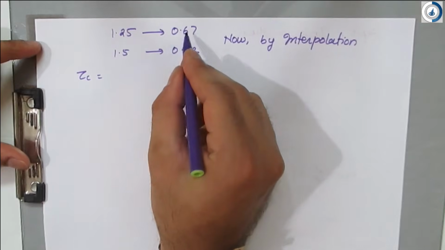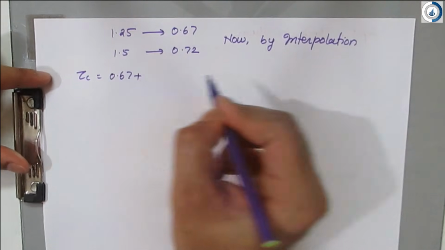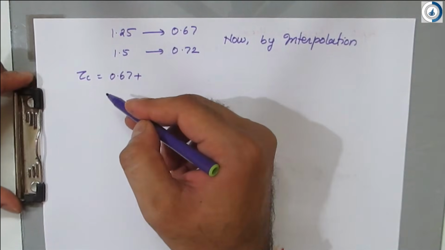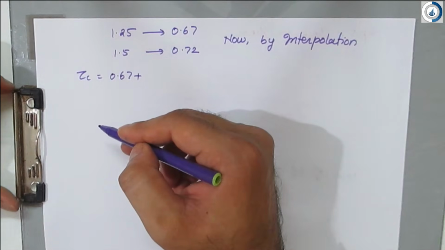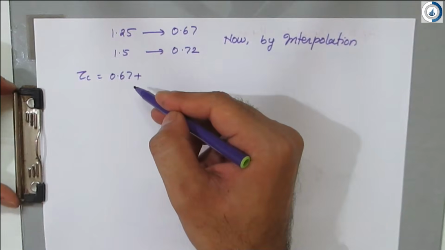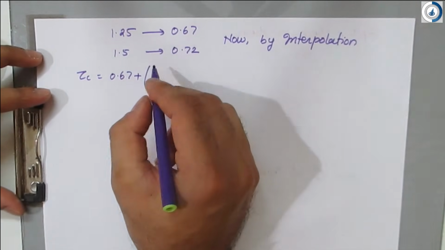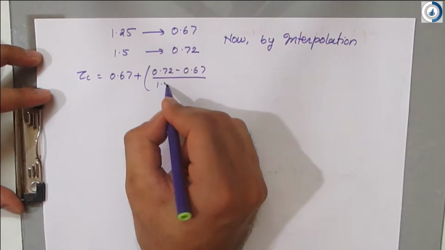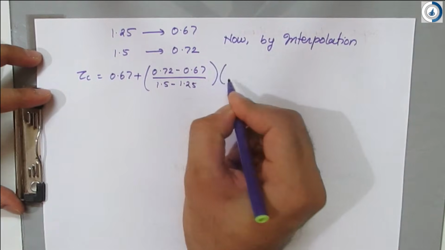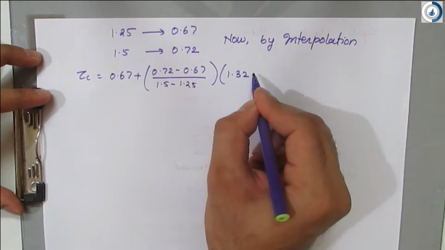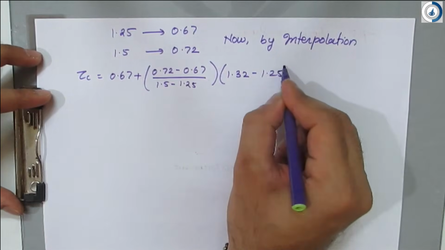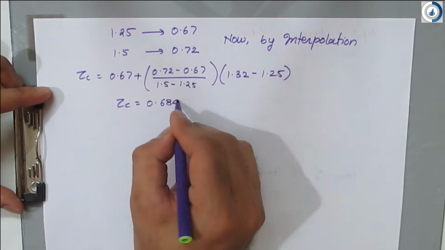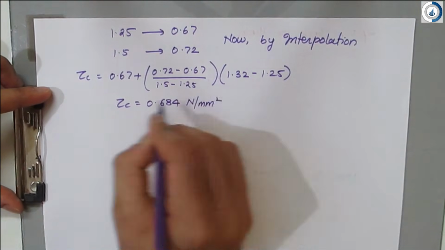So first we write down this value 0.67, and we add, because it is increasing, that's why you write plus. For the previous FSC calculation by interpolation, it was decreasing, that's why we had written minus. Now 0.72 minus 0.67 divided by 1.5 minus 1.25, and the value which we have to calculate, that is 1.32, we write here minus 1.25. And when you calculate this, you will get tau C value as 0.684 Newton per mm square.